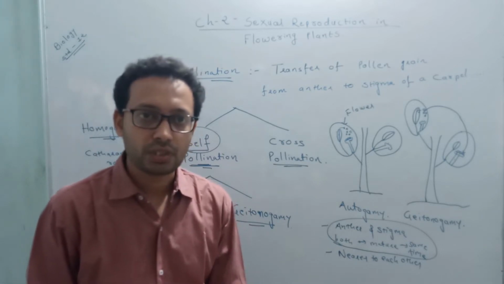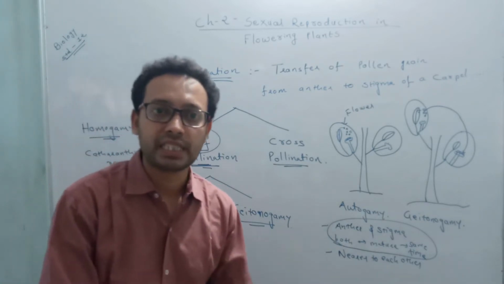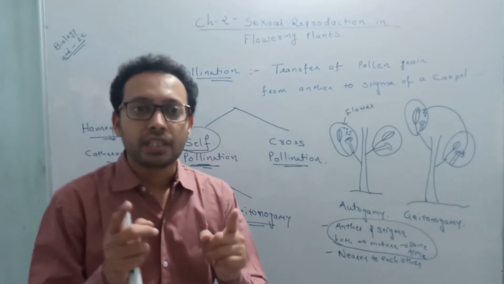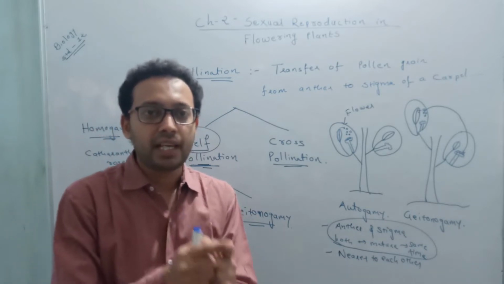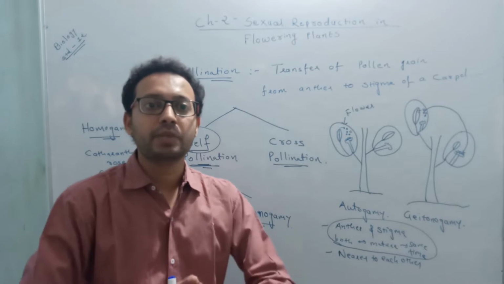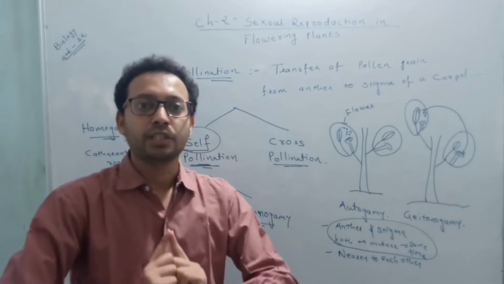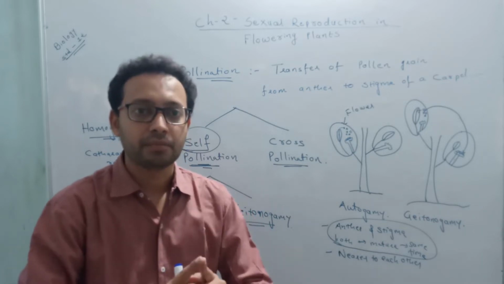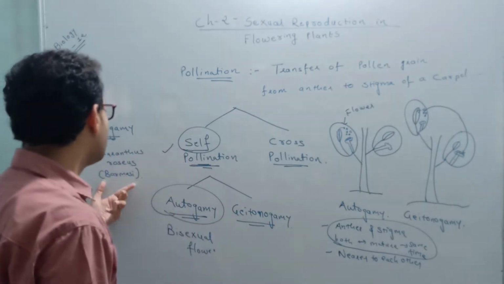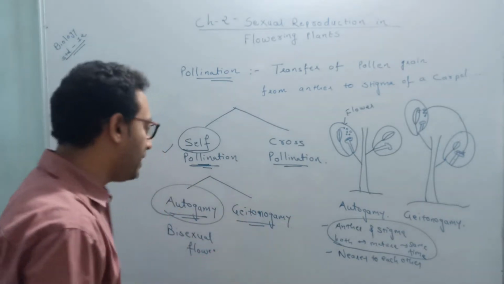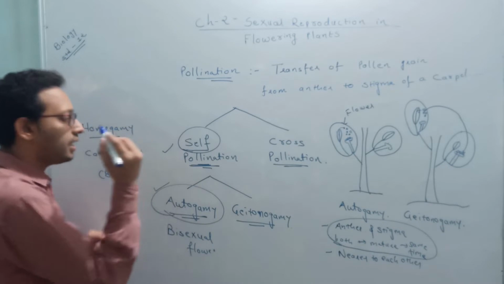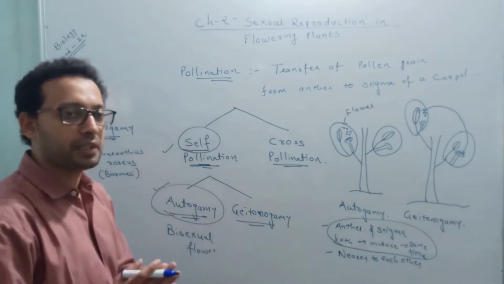Clear, students? So what is homogamy? Homo means the same, gamy means gamete. In these cases, the male and female reproductive organs become mature at the same time. They produce the gamete at the same time, and it is observed in Catharanthus roseus. If such a condition exists, then the chances of autogamy are high because they become mature at the same time.